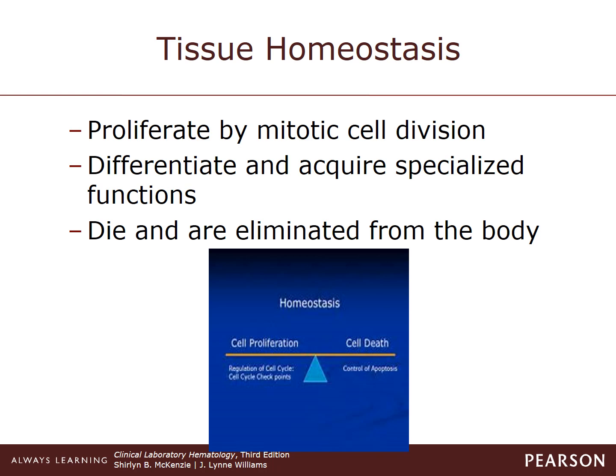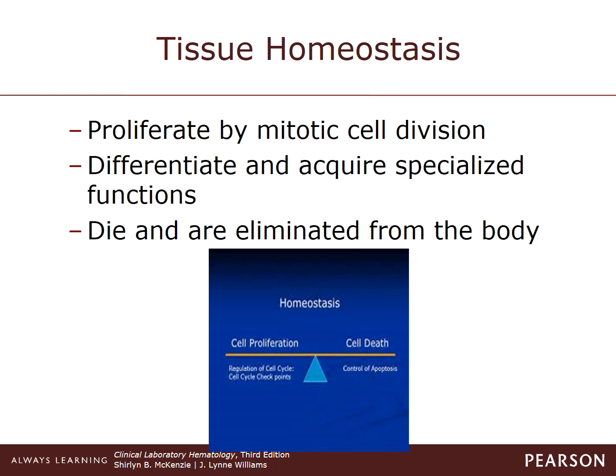So if we're talking about a human body, or somatic cells, including the blood cells, they have to go under certain fates. Those fates include proliferation, and this happens by mitotic cell division. They have to differentiate and acquire specific cells for specialized functions, and they have to die and be eliminated from the body.